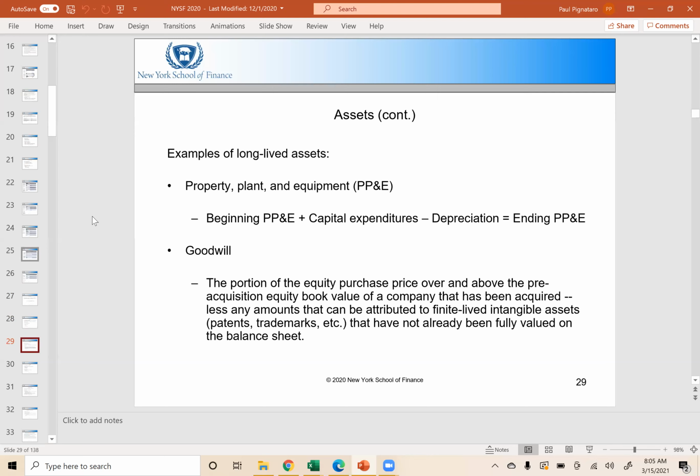And in modeling, there are two items that adjust this property, plant, and equipment value. Depreciation, as we've spoken about in the depreciation schedule, reduces that value. It's accounting for the wearing down, the aging of these assets. And we also have capital expenditures, which we've kind of glossed over, although it was a starting point for our depreciation schedule.